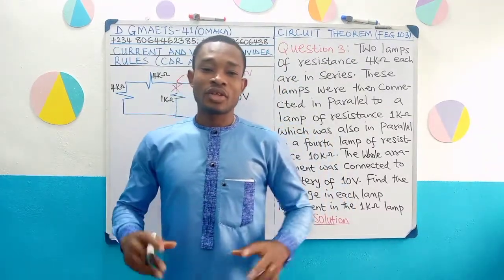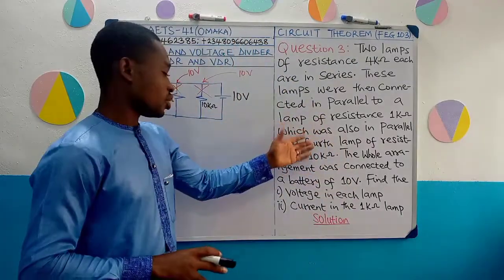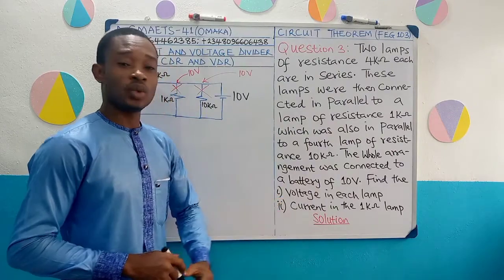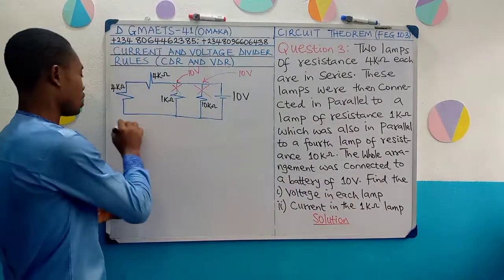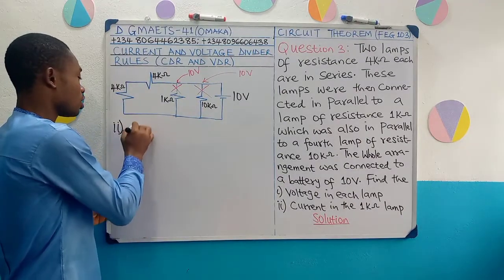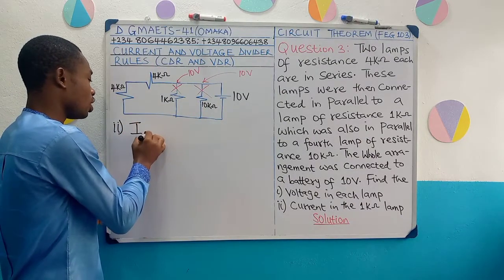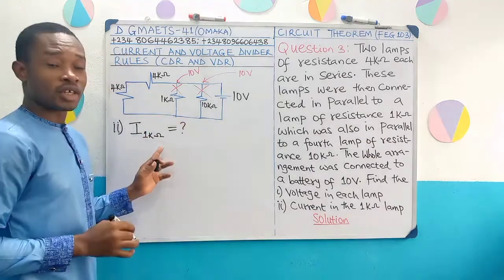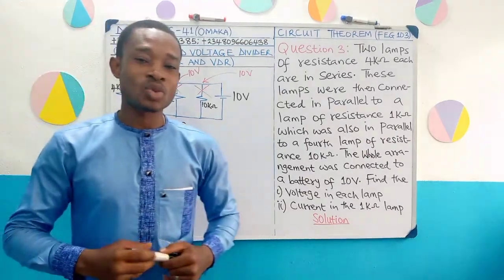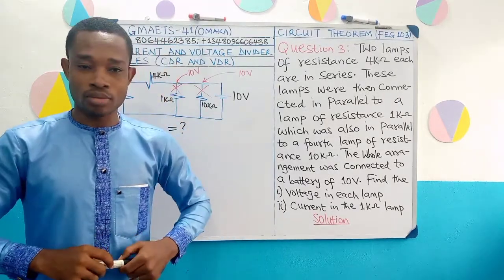Alright, now let us conclude this question with the second part where we are to determine the current in the 1 kilo ohm lamp. There is I, current in the 1 kilo ohm lamp. We do not know. Take note, this 1 kilo ohm is the same as 1000 ohms.